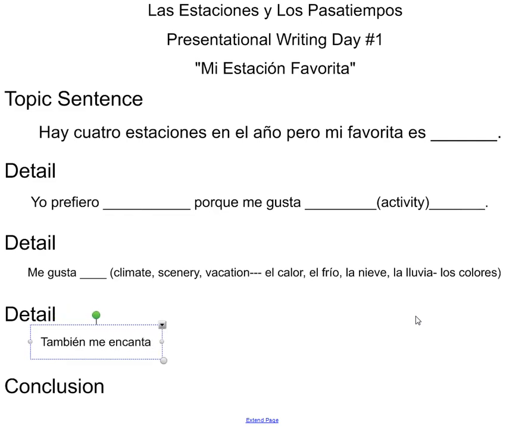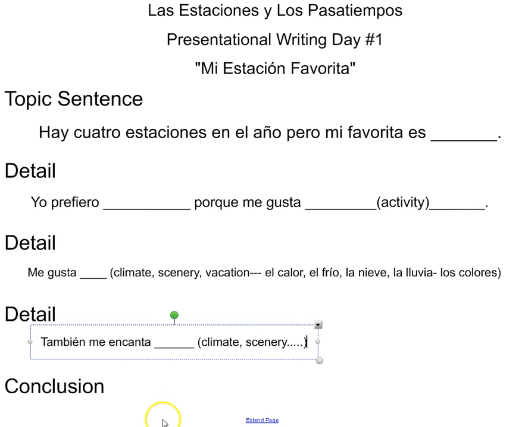So we're not going to just use always me gusta, me gusta, me gusta. También me encanta, and I'm going to leave another blank here, and then fill in this blank again with something that you got from this section right here. For example, again, climate, or scenery, or something else that you're coming up with that has to do with the specific season that you really like.